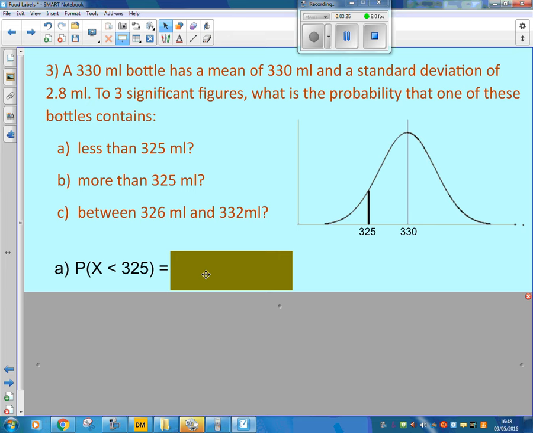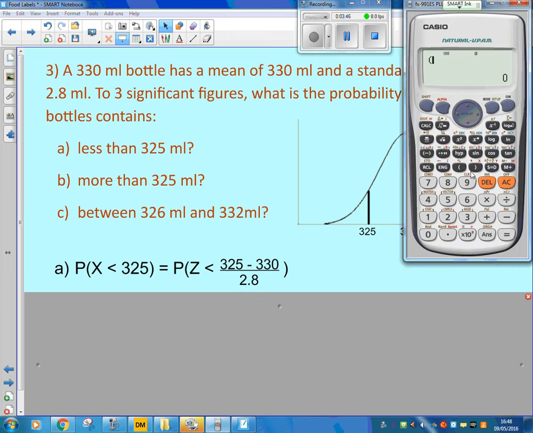First thing, standardize it. So I change my x to a z, but the important thing for standardizing is it's the value, 325, take away the mean and then divide by your standard deviation. So on my calculator, I'm going to do the first bit in brackets, open brackets, 325, take away my mean, close my brackets, and then divide by 2.8.